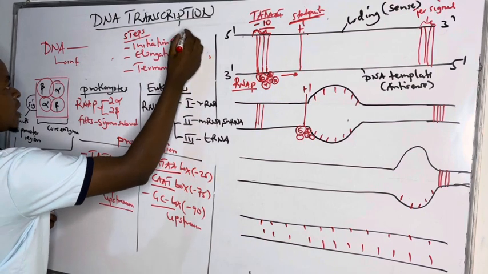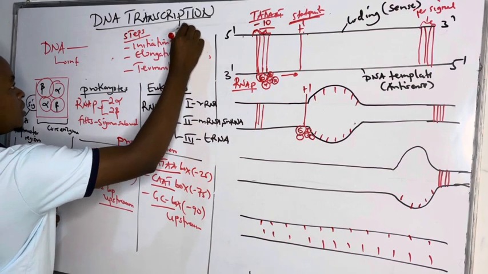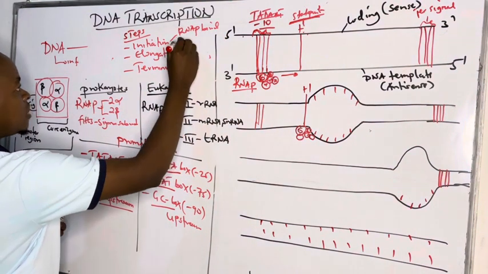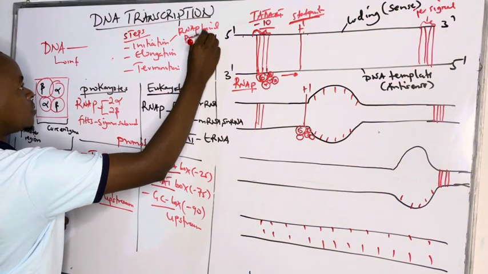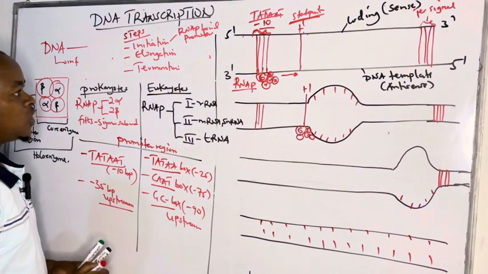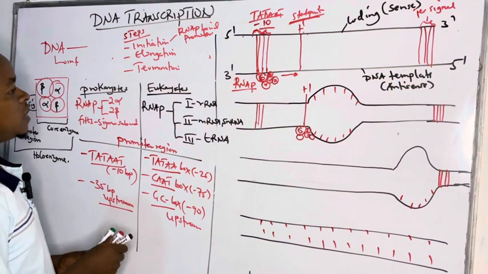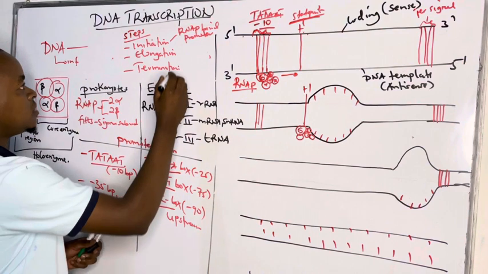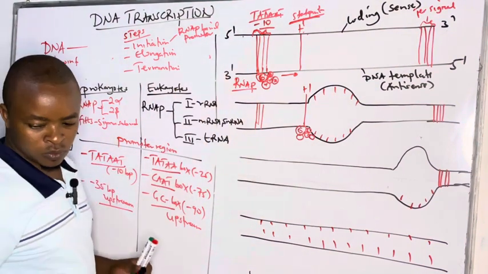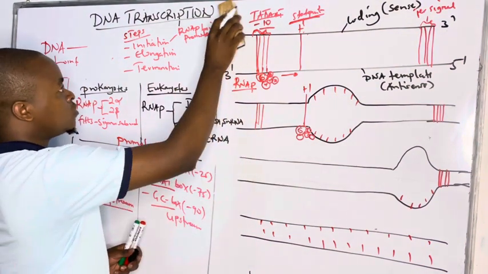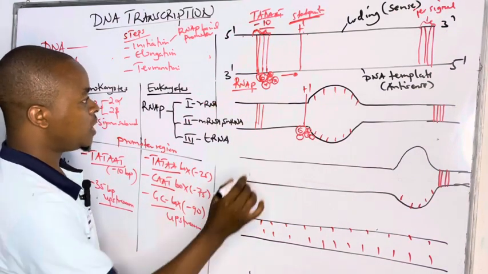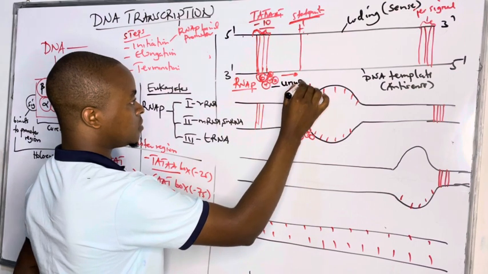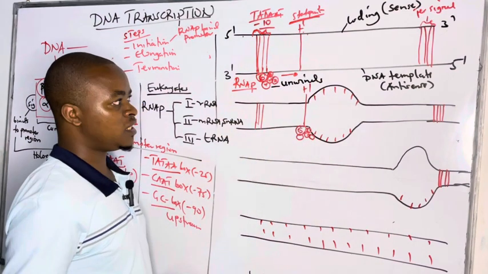So initiation starts by the RNA polymerase binding to the promoter region, binds to the promoter using sigma subunit, then it starts moving along the DNA template strand. And when it binds, it has two functions. One, it unwinds the double-stranded DNA.